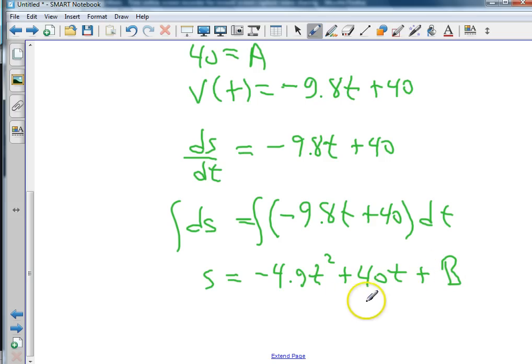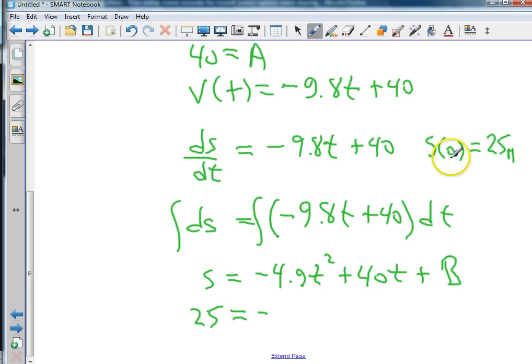But don't we have an initial displacement too? What was S of 0? No, that was V of 0. 25 meters high was the bridge, right? So to figure out B, I'm going to plug in S as 25, while t is 0.